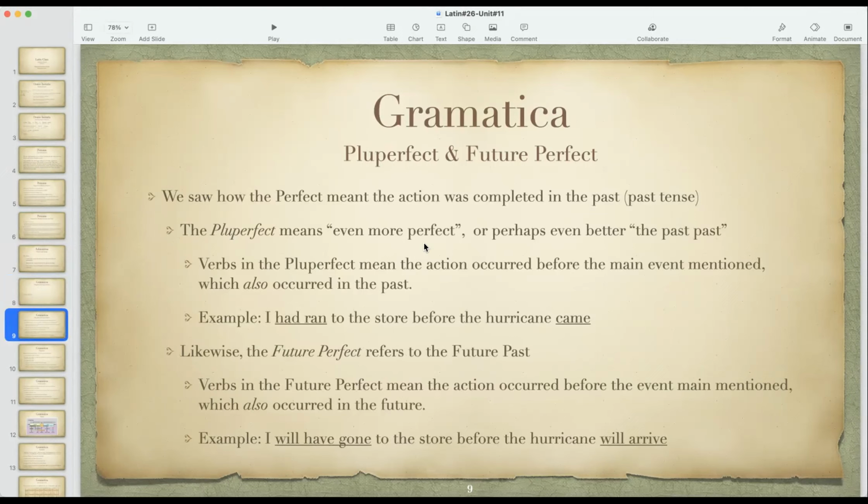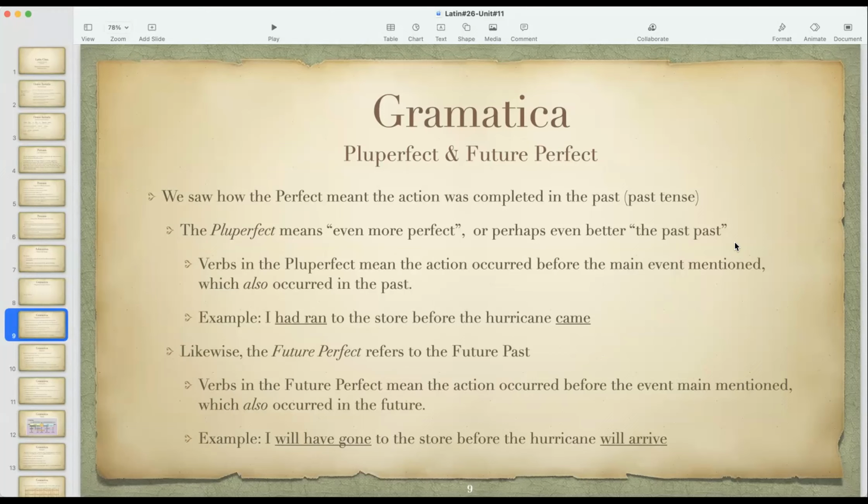Perfect here means complete, done, finished, or past. So you might even translate this as the past. What we mean by that is verbs in the pluperfect mean the action occurred before the main event, which is kind of the basis for the clause, which again also occurred in the past.